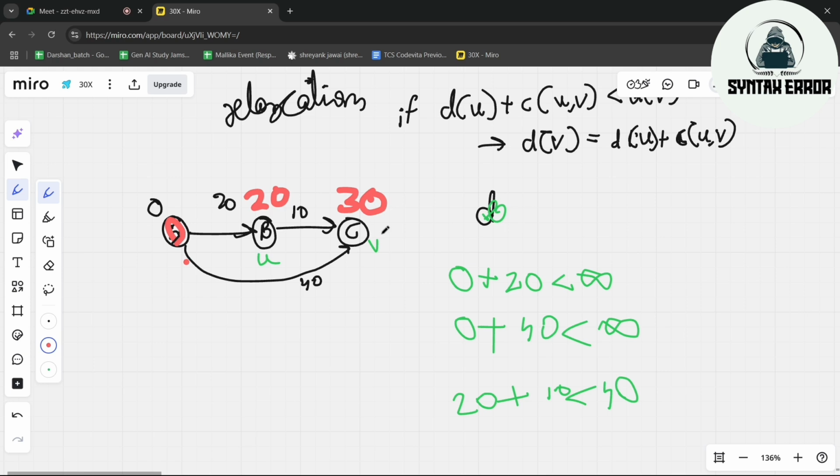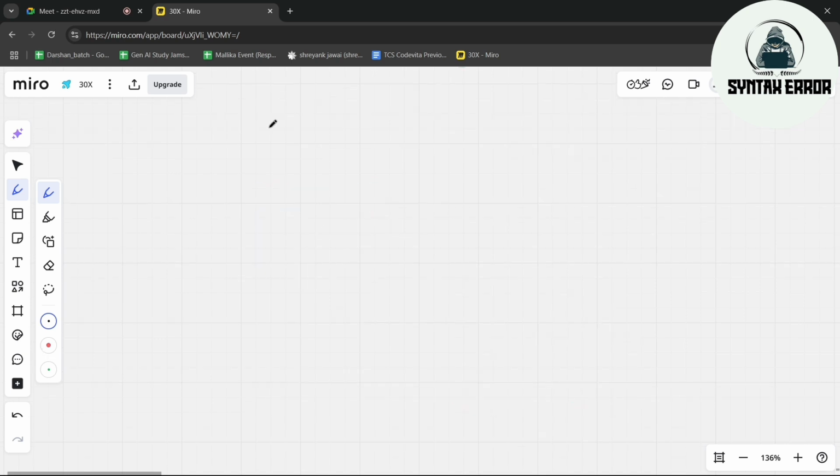Let's take one big example and then see. In this big example, I will show you guys one more method to write it. If there are any engineering students who have this algorithm in their syllabus, then in the main exam you are not asked to write the coding part.